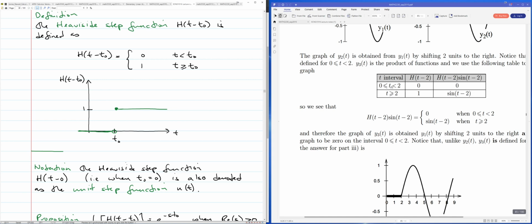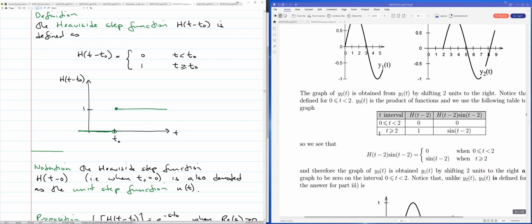For values of t that are less than 2, so between 0 and 2, the Heaviside function value is equal to 0. And then after 2, the function value is equal to 1. So that's where this comes from.